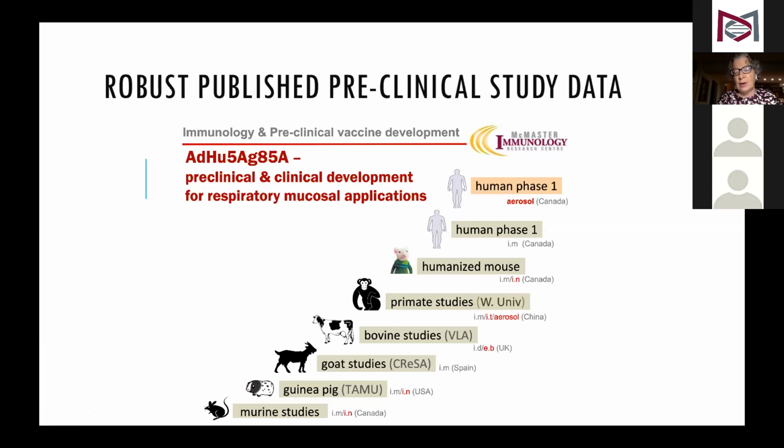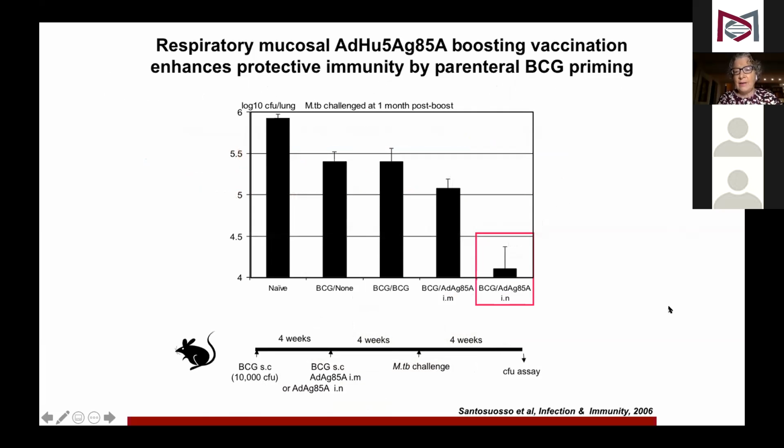So really this is a long, long haul, or let's say this has been a long, long haul. We start off here, and you can see that this paper was published in 2006, looking at the effect of the vaccine on the protection against TB in a mouse model.